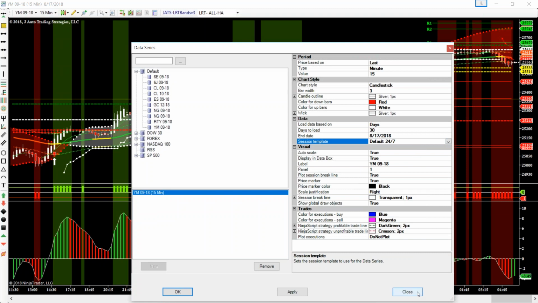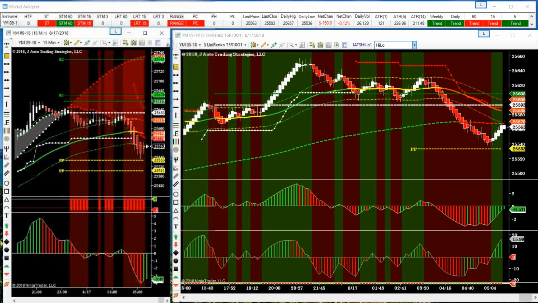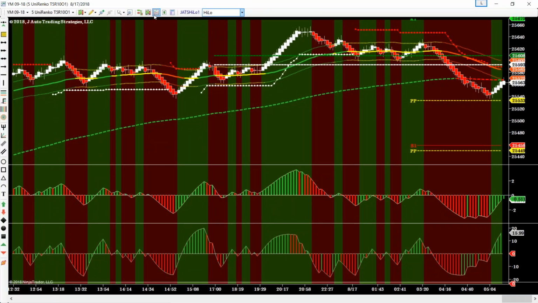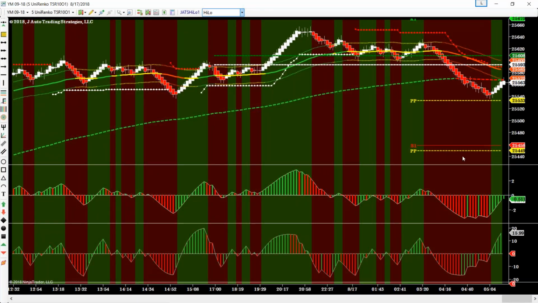There are actually three ways to get different pivot points, and that's these three session templates, or I guess four ways if you have a user defined. Typically I will use two charts, one of them set to default 24/7 with the pivot points here, and then I'll put up a second chart using instrument settings, so that my pivot points are different.